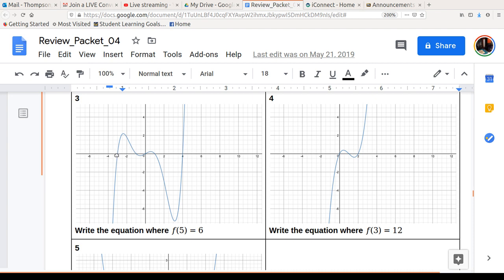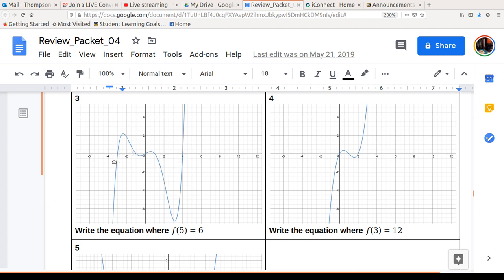So let's look at what we have here. We have 1, 2, 3, 4, 5 roots. It crosses the x-axis 5 times. And none of them bounce off of it with a multiplicity. They're all completely crossed through.